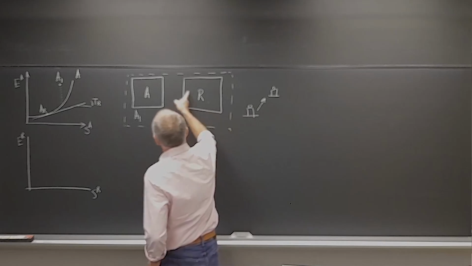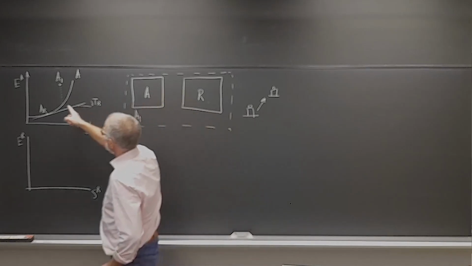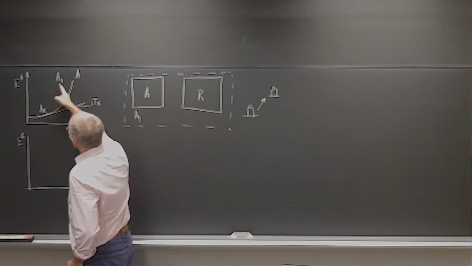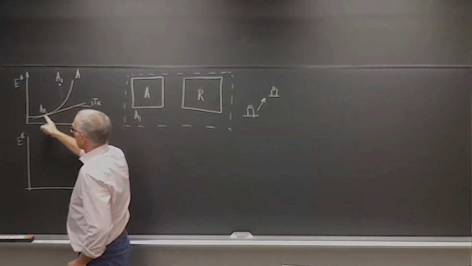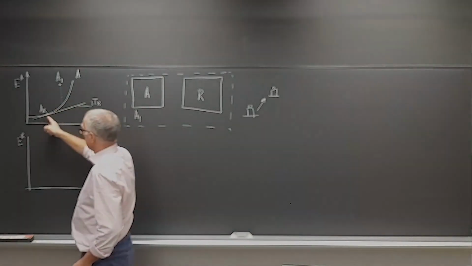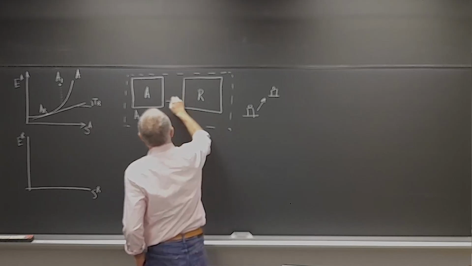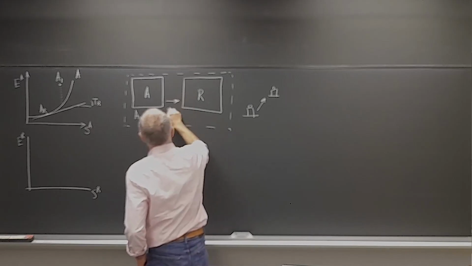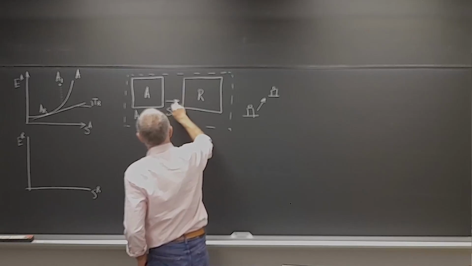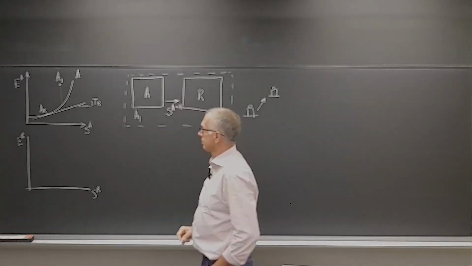So the reservoir is available to do this job. We need to remove entropy from the system, so we can transfer that entropy from system A to the reservoir. Okay.